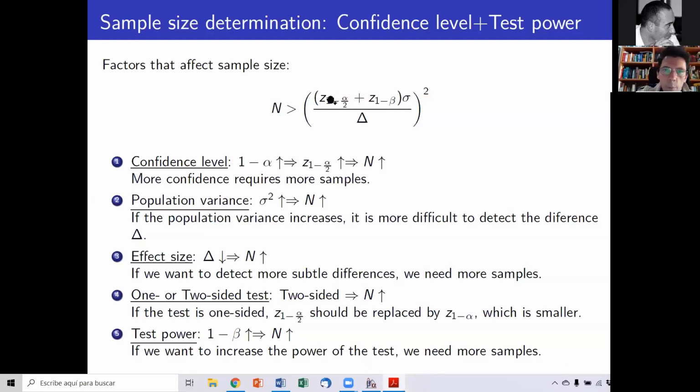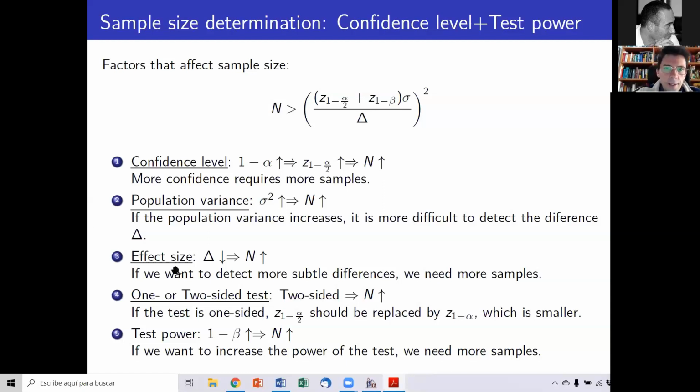If I want to have more confidence, more power, or my observations are more variable, I will need more samples. On the other side, if I want to be more sensitive, delta will go down and then n will go up. So if you want to be more sensitive, more samples. If you want to have more confidence or more power, more samples. If your observations are more variable, you need more samples.